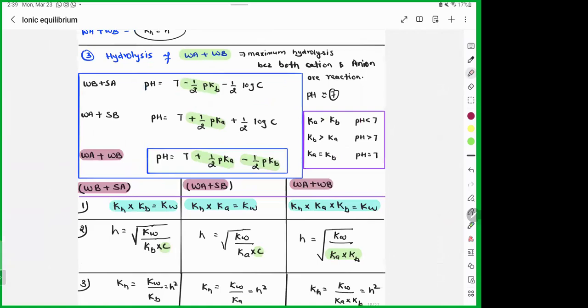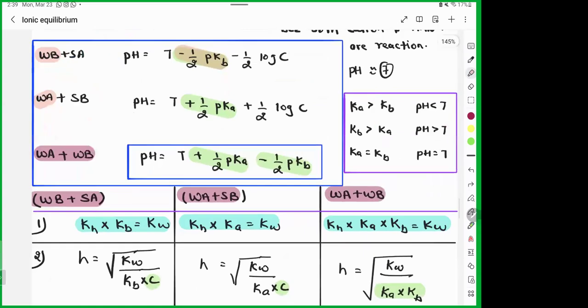We did the first case with a weak base, we wrote this formula. We did it with a weak acid, everything the same but with a plus sign. Weak acid and weak base together, you will have both together.